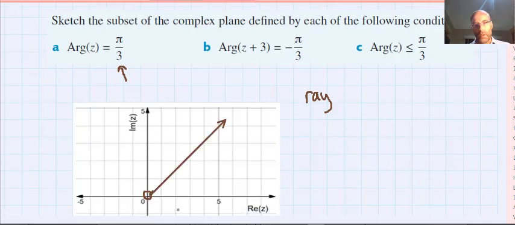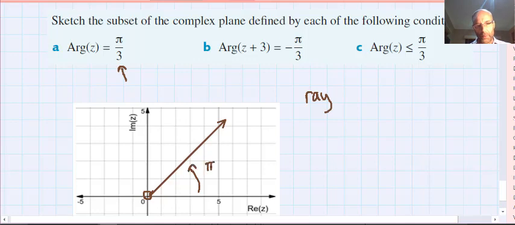So we sketch that in there where theta equals pi on 3. Alright, so it's good practice to put an arrow on the end because it has a starting point which is not included, and it has no end point.